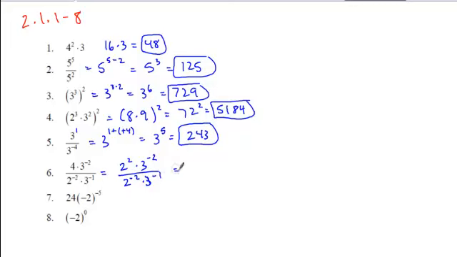So here we have the two common bases. With the same base, you subtract the power. So we take the base 2 to the 2 minus this negative 2. And then for base 3, we have 3 to the minus 2 minus a negative 1. Subtracting is equivalent to adding the opposite.